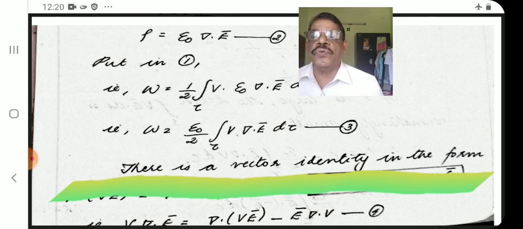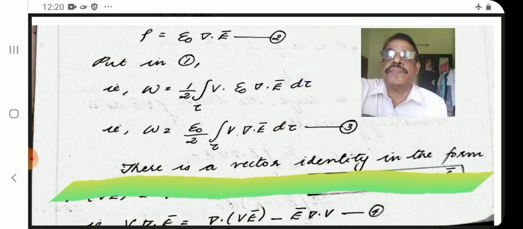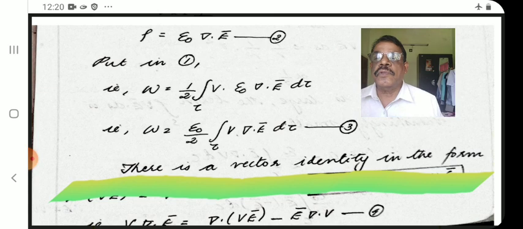In the place of rho in equation 1, we put this, that is W is equal to half volume integral V epsilon 0 del dot E d tau. Epsilon 0 we take out of the integral sign. W is equal to epsilon 0 by 2 integral V del dot E d tau. That is equation number 3.